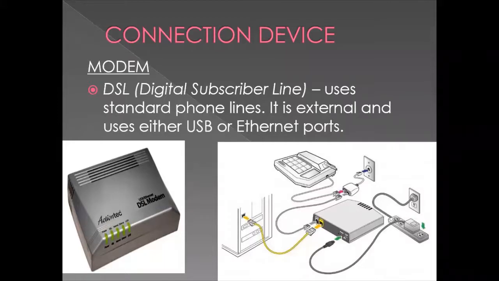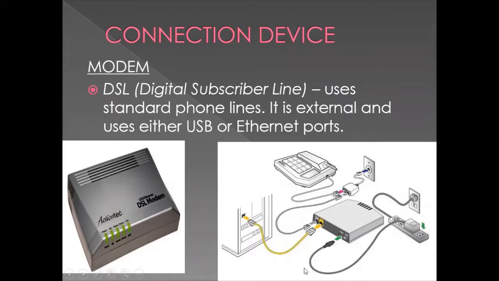Now DSL, the second one, digital subscriber line. It uses standard phone lines. It is external and uses either USB or Ethernet ports. So you can see it's the standard phone lines, and it is using either Ethernet ports or USB ports. You can see in the diagram. This is the DSL device.